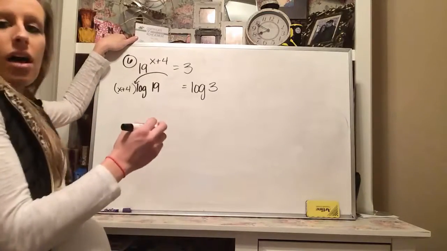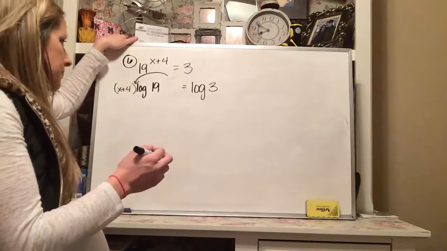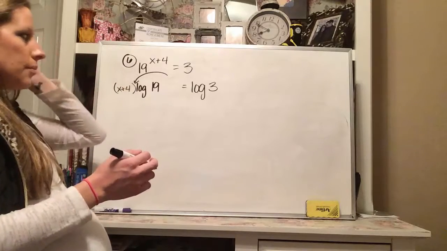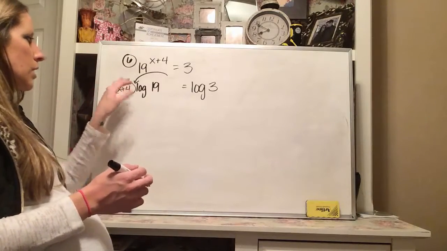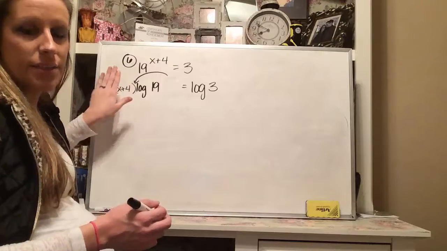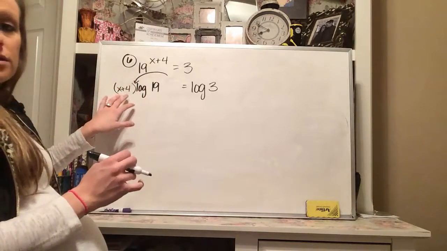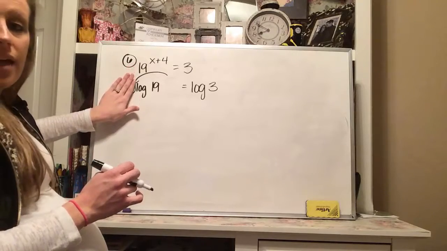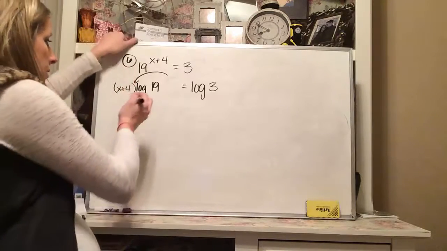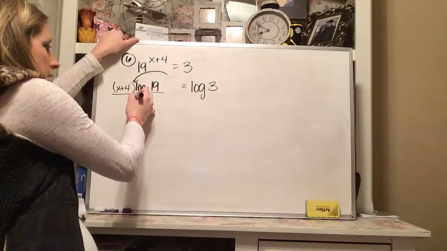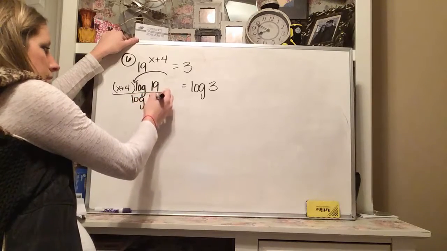Okay, and I'm going to solve for x. So, what you need to do is save the x for last. And right now, your x is in a binomial, right? It's with the x plus 4. I'm going to save that for last, which means I'm going to have to divide by the log of 19.